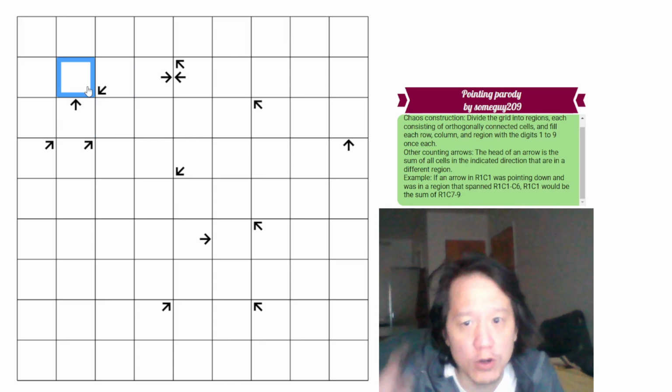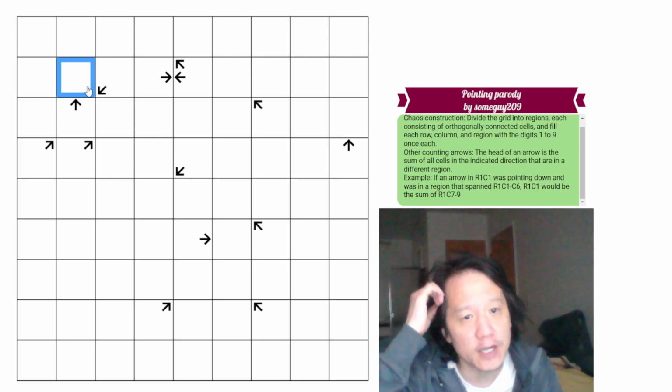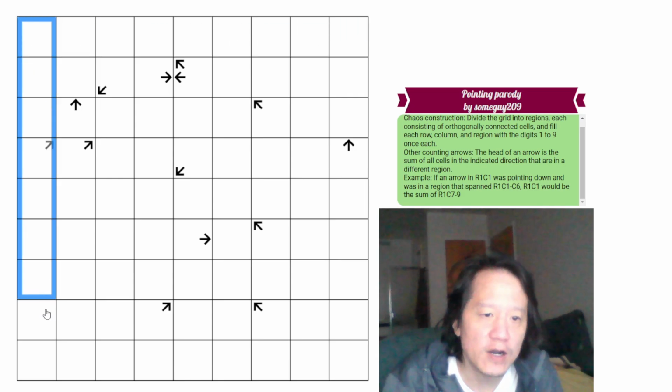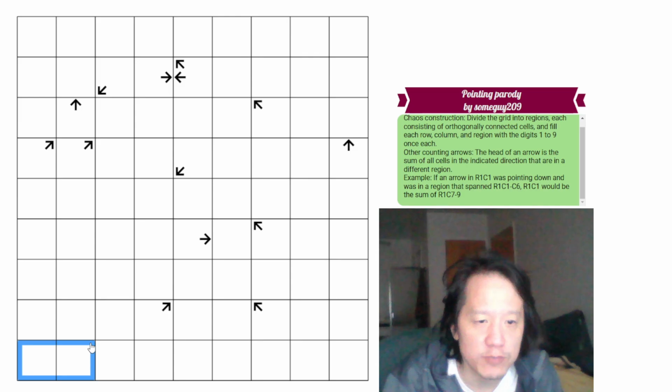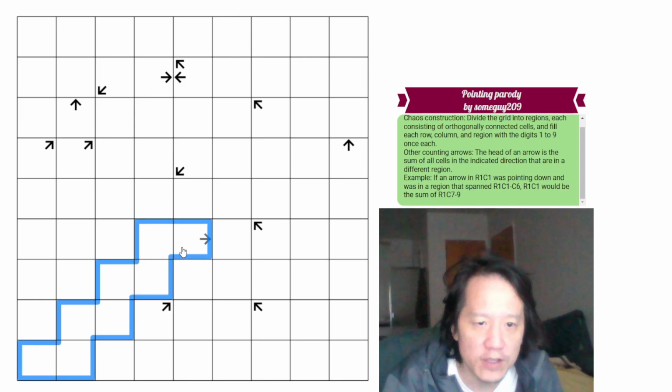Each row, each column, and each region must have the digits 1 to 9 once each. Orthogonally connected means that the cells share an edge. So this would be a valid orthogonal region.